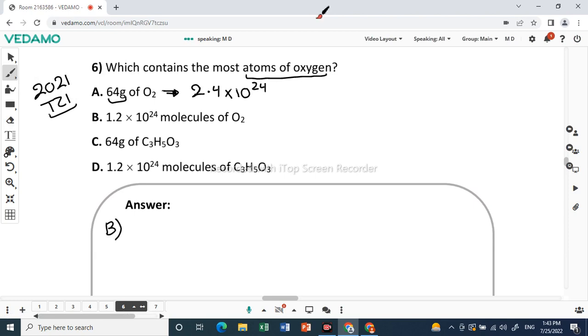Now the rule to calculate the oxygen atoms using the molecules will be molecules multiplied by all oxygen atoms presented.